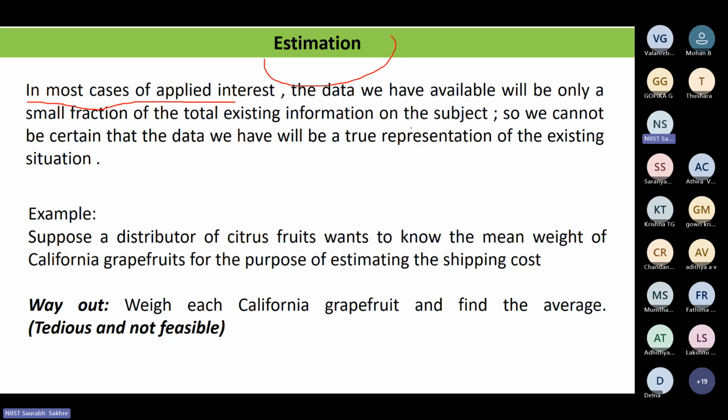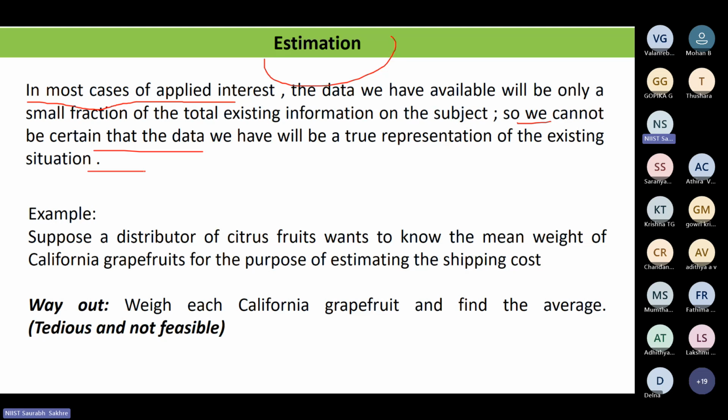We are living in a very big world, so we cannot collect all the data all the time. We are not advanced enough that real-time data will be with us for statistics, so we will have a sample only, right? We cannot be certain that the data we have is a true representation of the existing situation.